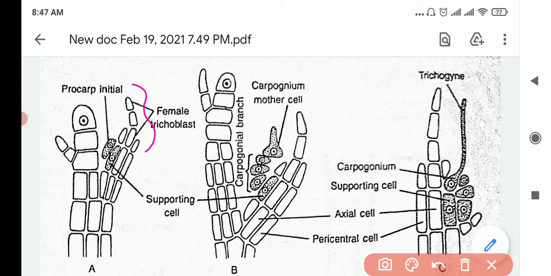The initial doesn't start from the topmost; it will start a little bit down. So these are the procarp initial or the carpogonial initial cells. Then do you see they have divided and redivided and we form around 5 cells, and then we get the mother cells and the lower part.